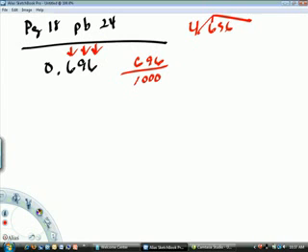That's going to be 174. It does work. 4 divides into 696 174 times. So to reduce this, divide this by 4, top and bottom, and I'll get 174 on top, right?